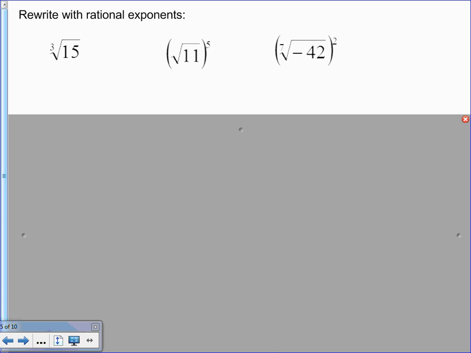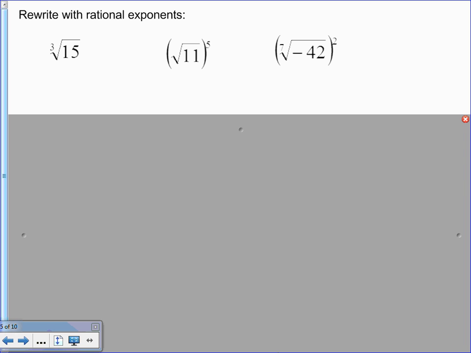Think about when you're writing with fraction exponents, the roots that you see are going to be where? The root is always in the denominator.